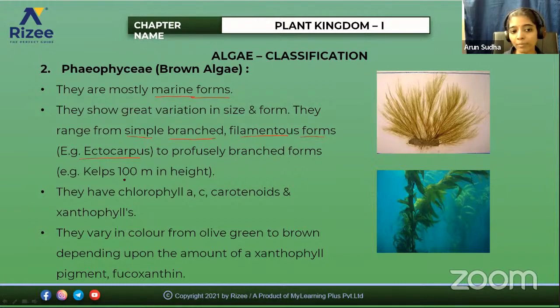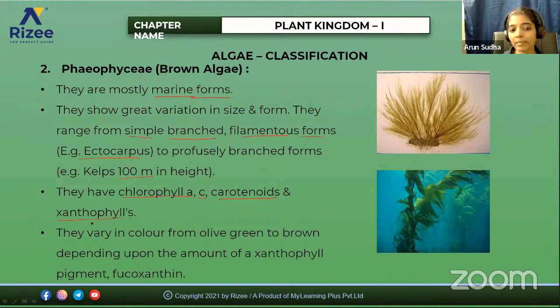That is, they grow even up to a height of 100 meters. Example, kelps. So Ectocarpus, kelps, that comes under the brown algae. Here the pigments they have are chlorophyll a, c, carotenoids, and xanthophylls.